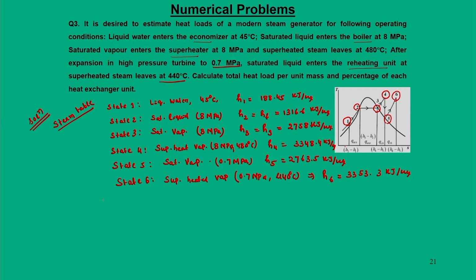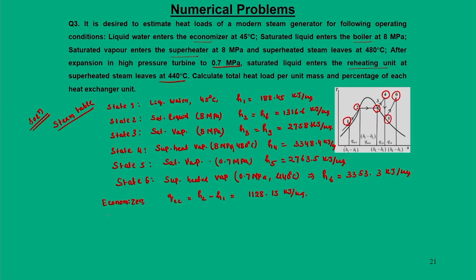We can find out for case 1 economizer, Q EC is equal to H2 minus H1. So, this value is 1128.15 kilojoule per kg.